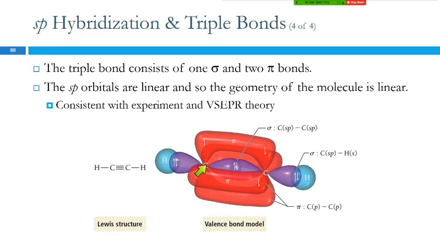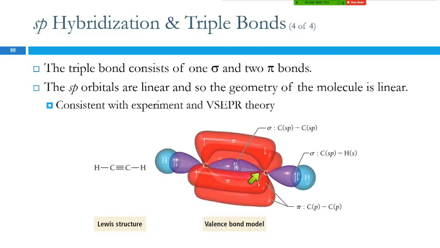So this carbon has sp hybridization, so it's got these 2 sp hybrid orbitals. One overlaps with hydrogen, one overlaps with the sp hybrid of the other carbon. Then it's got 2 unhybridized p orbitals, one in the horizontal position here and one vertical. The other carbon also has vertical and horizontal p orbitals, and so those are going to overlap side to side.